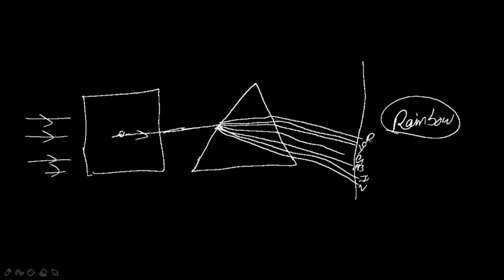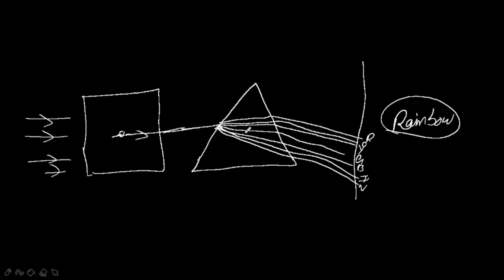So why have we observed all these colors? There is a reason. Whenever the light passes through the prism, I will repeat again, it bends at different angles. The light rays bend at different angles.